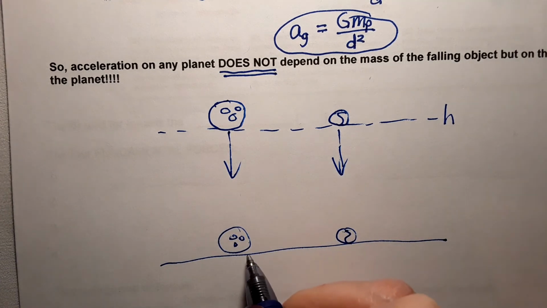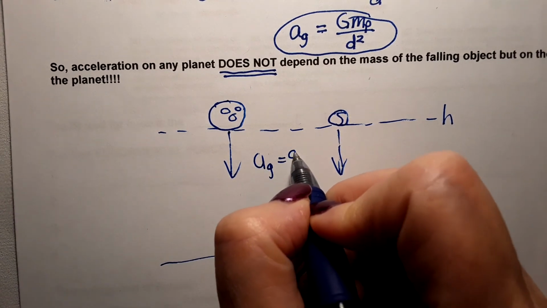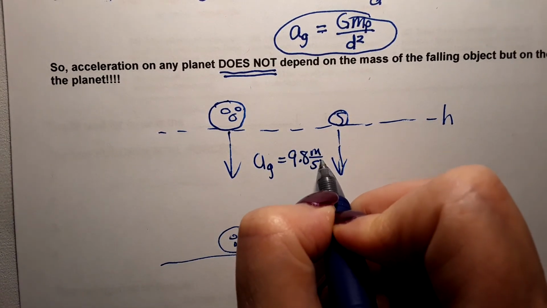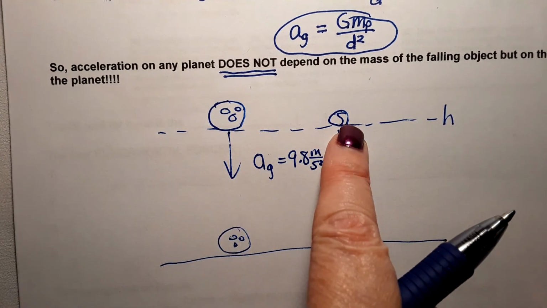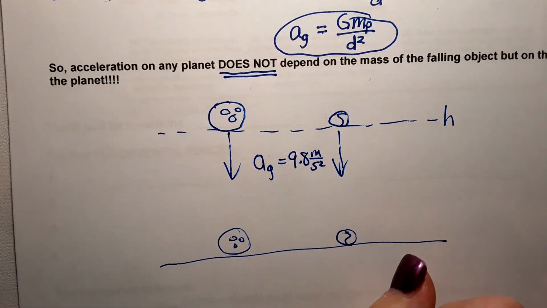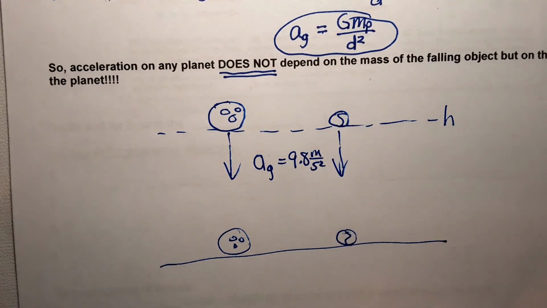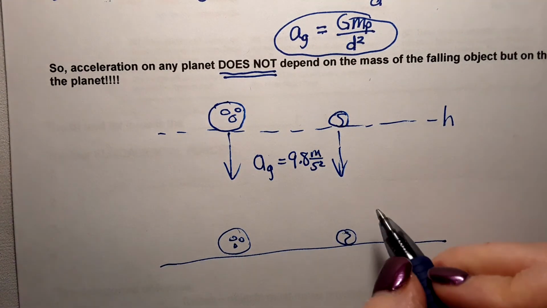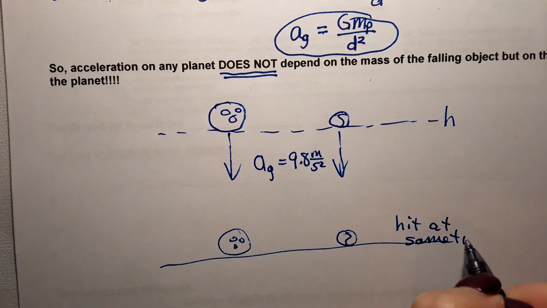Okay? They both hit the ground at the same time because they have the same acceleration due to gravity. Because the mass of the bowling ball and the mass of the tennis ball canceled out. Okay? So it only depends on the mass of Earth and how far they are from it. So they will hit at the same time.